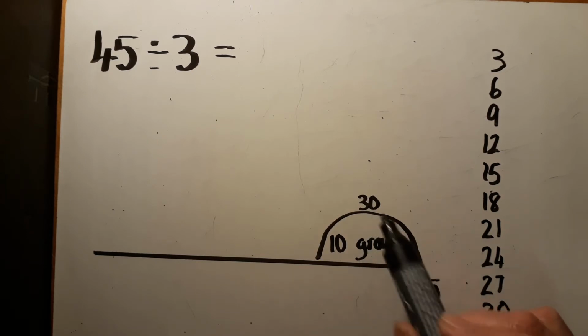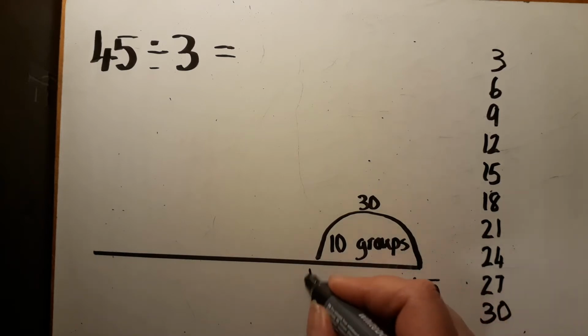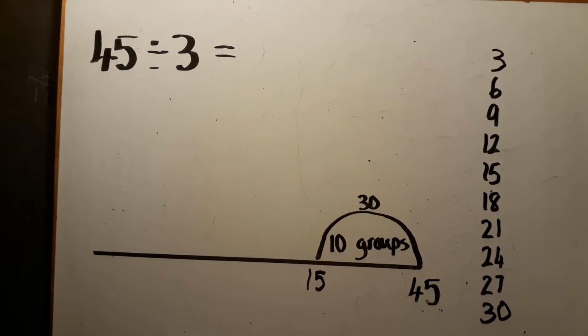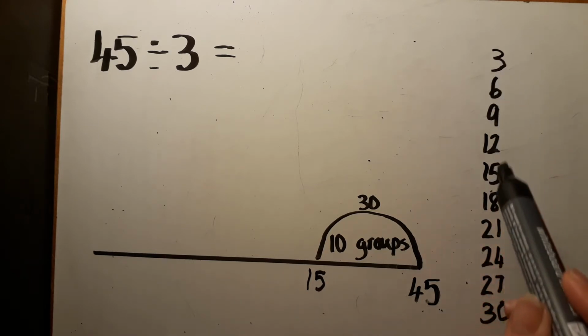So we know that 30 is 3 tens, and we're going to take 30 from 45. So there are 4 tens in 45, and we're going to subtract 3 of them, which means that we will be left with 15. Now 15 is a multiple of 3.